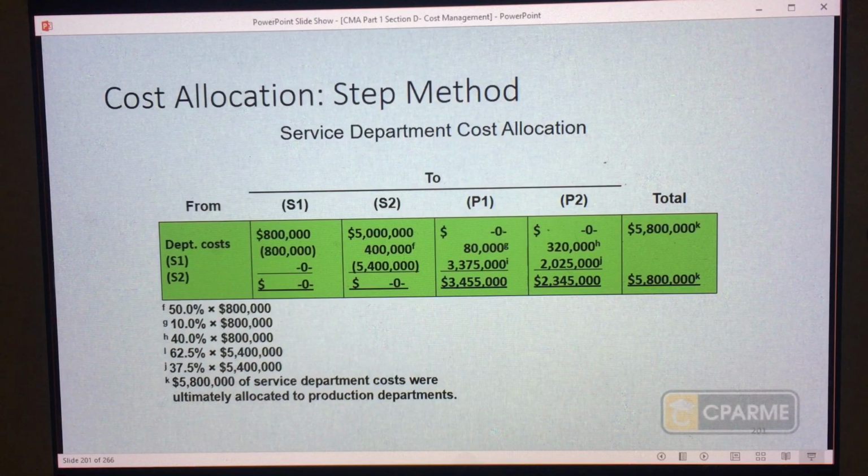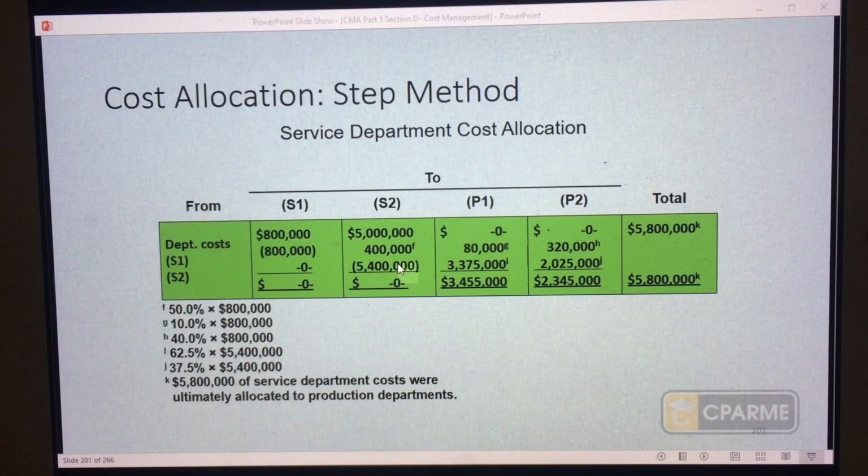So S1's 800,000 was allocated in the following manner. So meron kang 400,000 to S2, and then you have 80,000 to P1, and then you allocate 320,000 to P2. So that's yung 400,000 is coming from 50% sa ating other table. And then for P1, that was of course 10%, and then for P2 is 40% of 800,000.